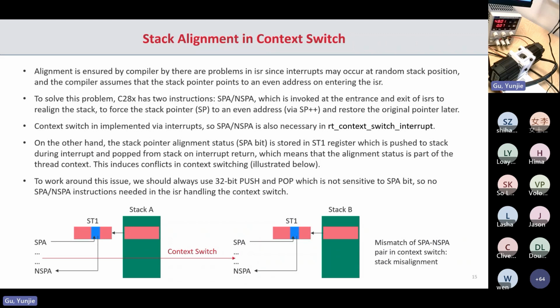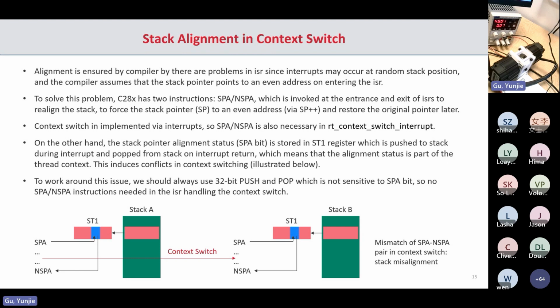When you do the SPA, it sets a bit in the ST1 register, and this register is also stored on the stack as part of the context. When you do the SPA in the context switch ISR, it changes the ST1 register, and then you trigger the context switch and switch to the other thread. You restore the context of the other thread, which means the ST1 register is taken from the stack of the other thread, and is different from the previous ST1 register.